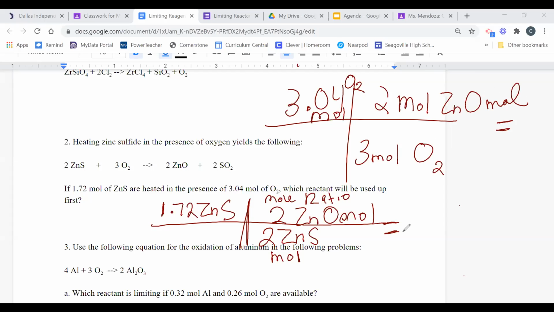So, do you guys know where I got these numbers from? The 2 and the 3? I know where you got the 2 Z and S from.